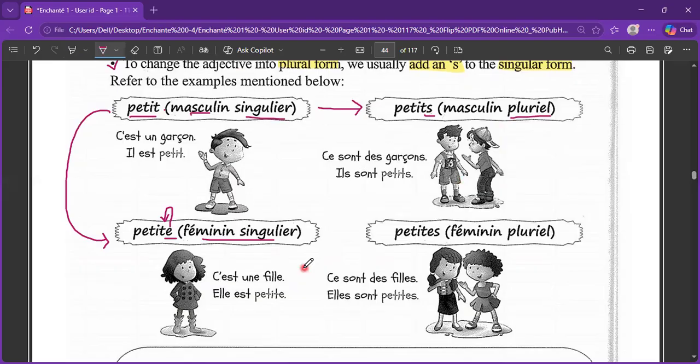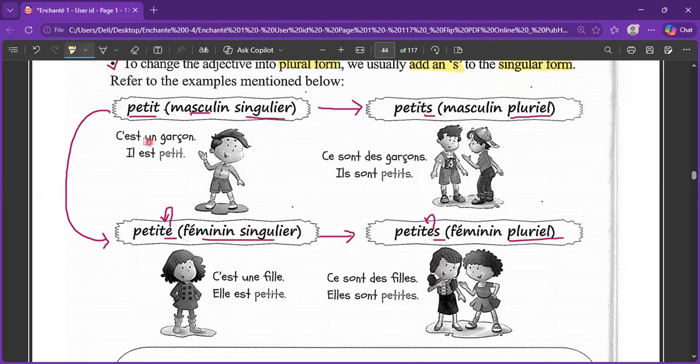And if you need to convert this feminine singulier to the feminine pluriel, just simply add the S at the end of the spelling of the feminine plural. That will become petites. Because of the pronunciation rule, it will remain the same as its singular version. Petite. So it goes like this. Petit, petite, petits, petites.